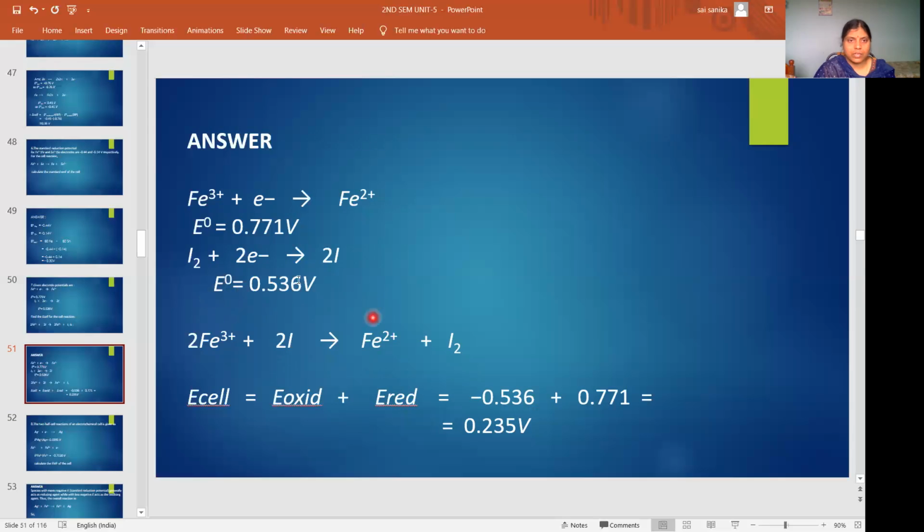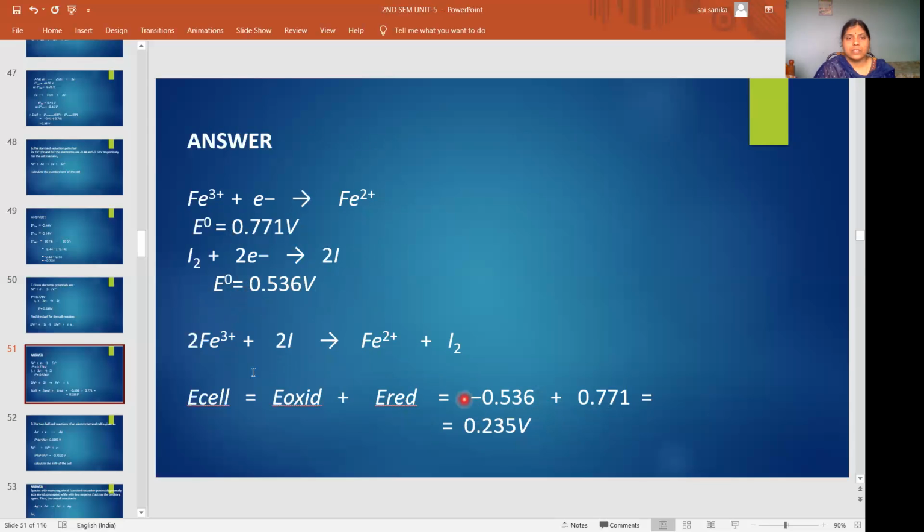So reduction potential plus means oxidation potential will be minus: minus 0.536 plus 0.771. What is the answer?